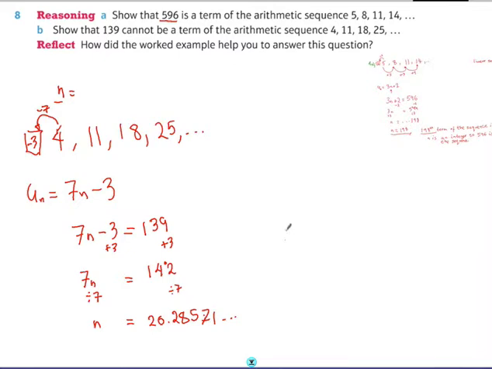And you have to conclude your answer: since n is not an integer, 139 is not part of the sequence.